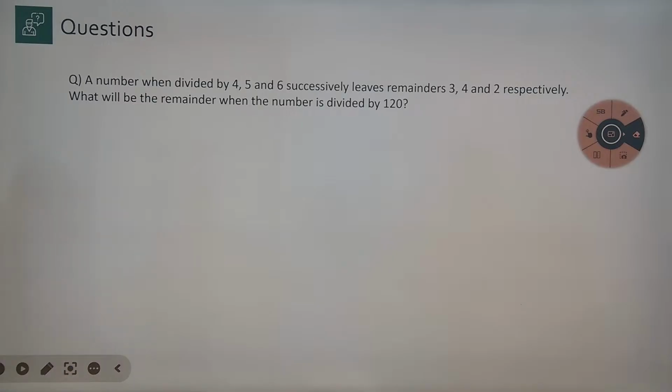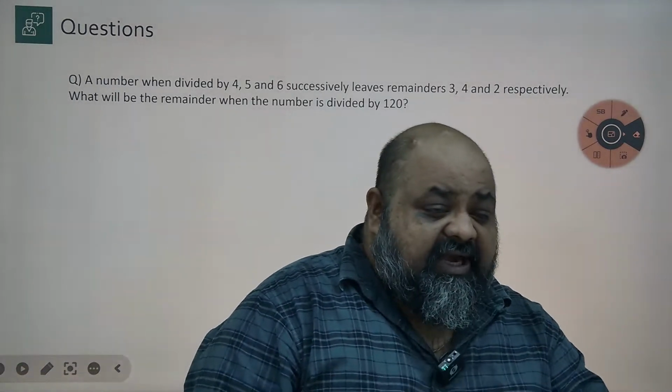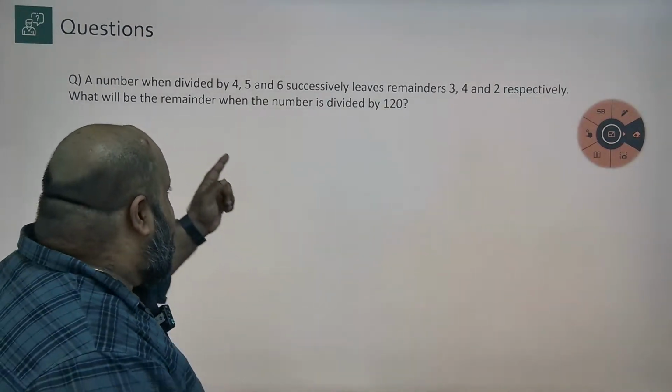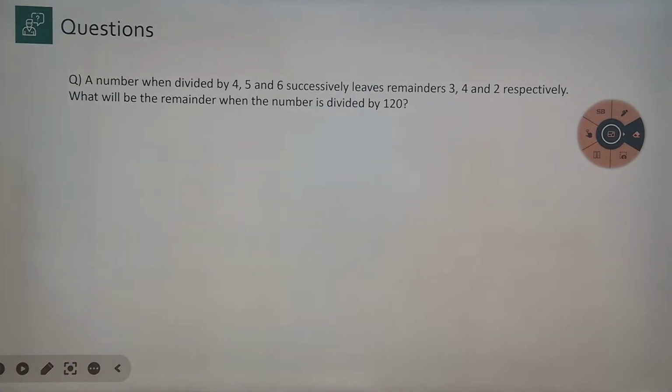So in a question like this, what we'll always do is we will start from the reverse. Rather than dividing by 4, we will first look at the last step. The last step was division by 6, right?